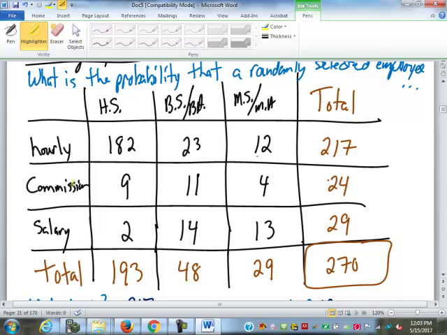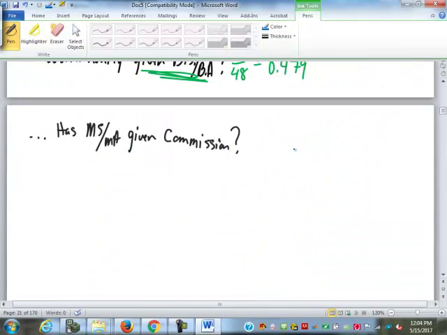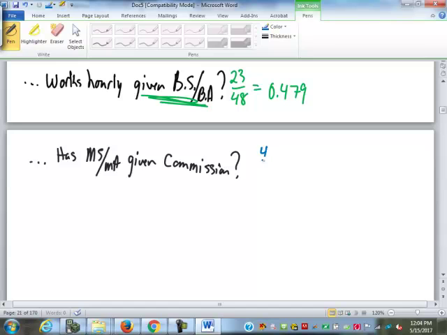Well, we want to know the probability that they have a master's degree, so we're not limited to just master's degrees. That's what we're looking for. It's given that they work on commission, so we're limited to only those who work on commission. There are 24 who work on commission, and out of them, 4 have master's degrees. So the probability of having a master's degree given they work on commission is 4 out of 24, or 0.167.